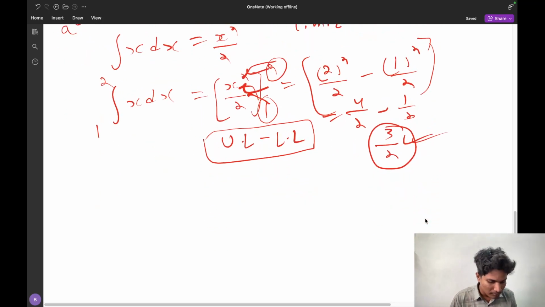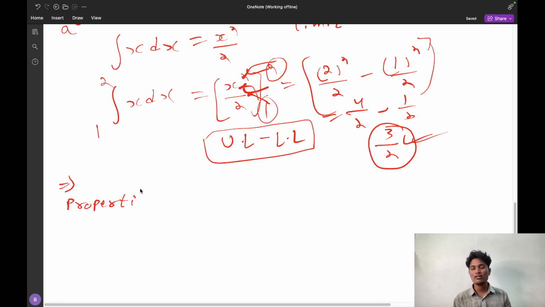Now in the definite integration, there are some properties which are very, very important. There is no big concept like indefinite integration and definite integration, because everything is already discussed. In the definite integration, you just keep additional limits and solve the answer.